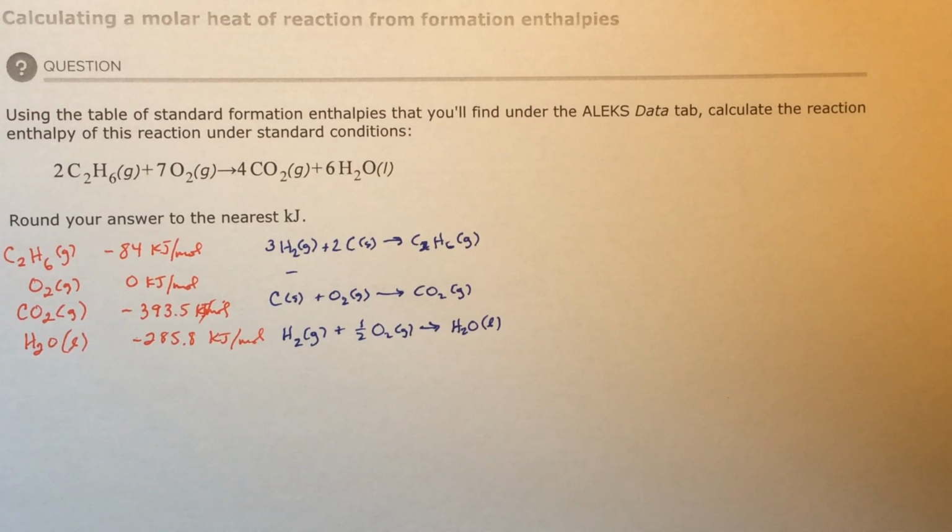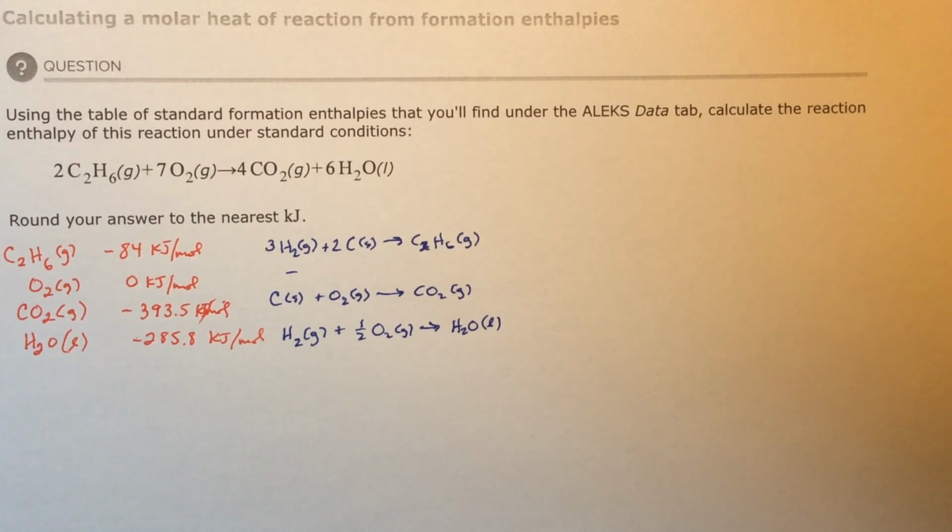So first of all, on your Aleks program, you've got a data button on the right that says data, and you can look up all kinds of information, melting points and all the information about different elements and tons of stuff. One of the things that you can look up are the standard formation enthalpies for every single material that you're going to be using in the program.